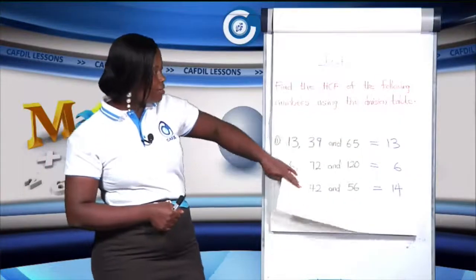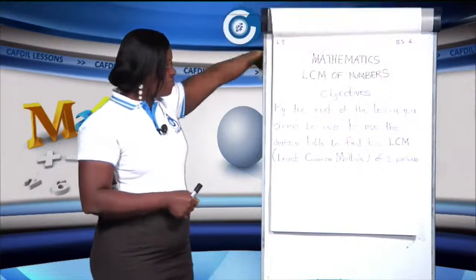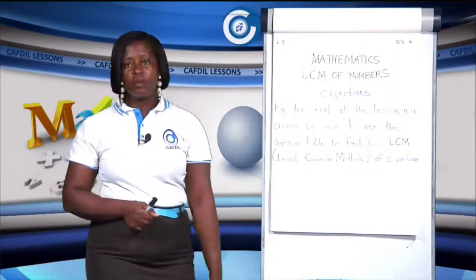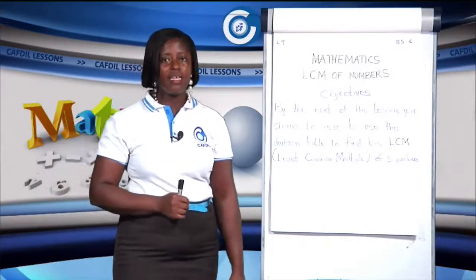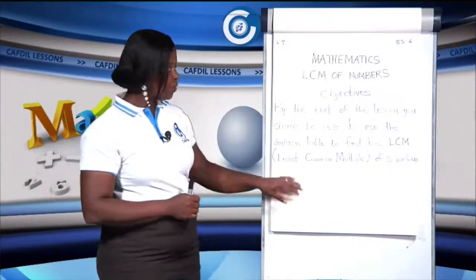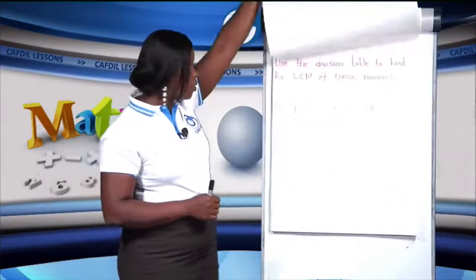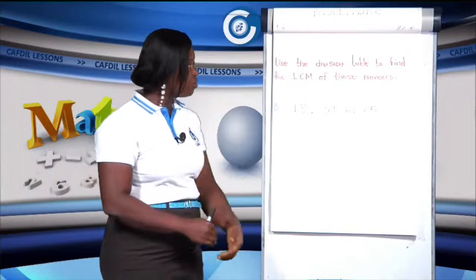Now, today's lesson: finding the least common multiple of 3 numbers using the division table. I have some examples which I will take you through.